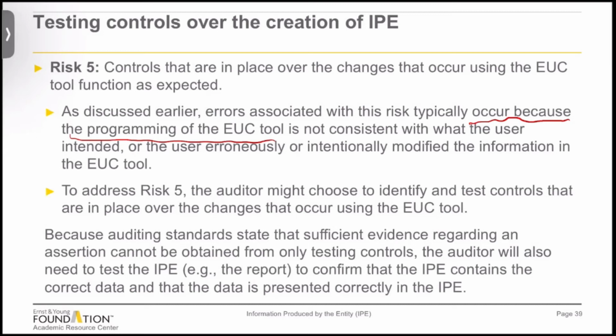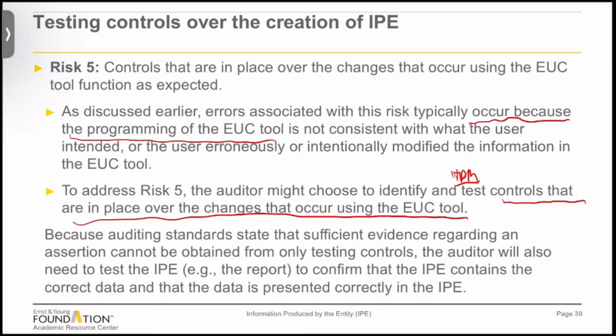So to address risk 5, the auditor might choose to identify and test controls that are in place over the changes that occur using the EUC tool. So typically, this is what we call an IT-dependent manual control.